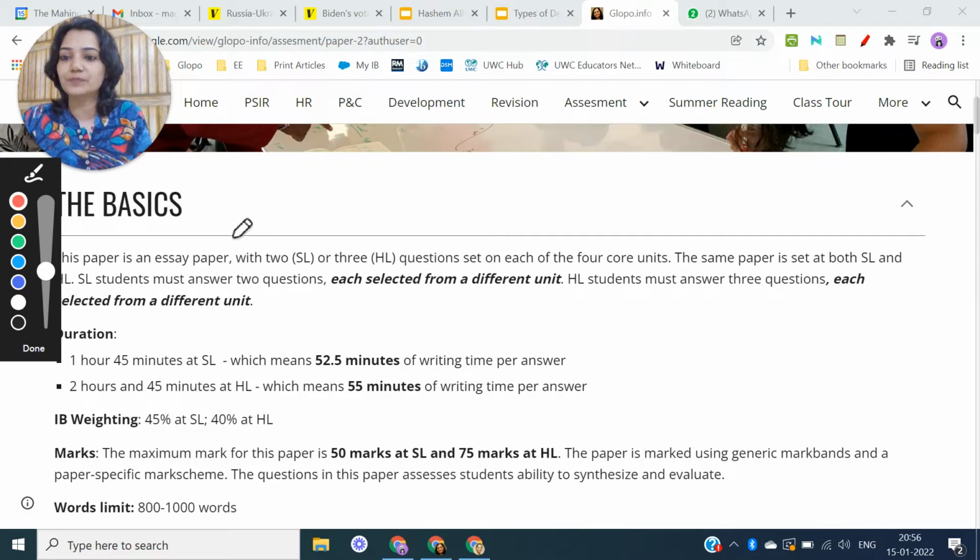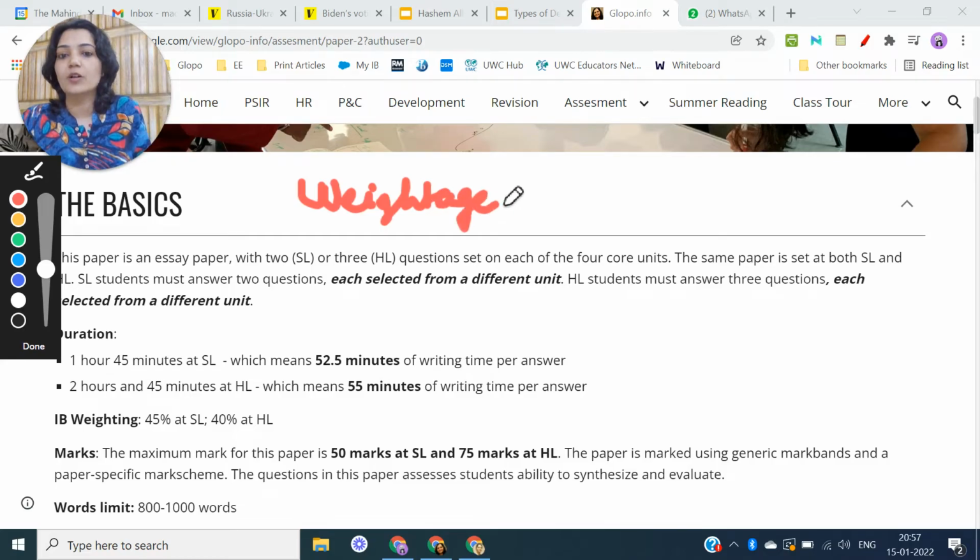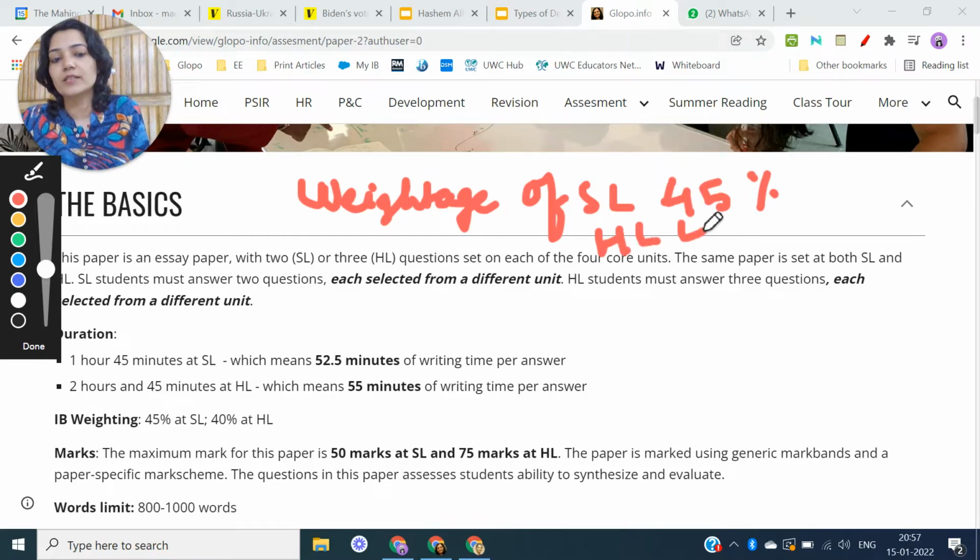So now here what you see is, as I have already told you, that the weightage of SL is 45%, and for HL this is 40%. This is the first thing, right?